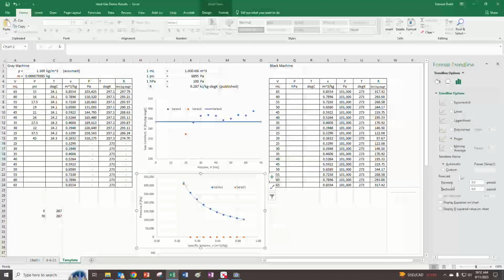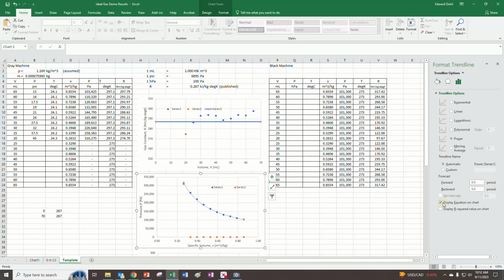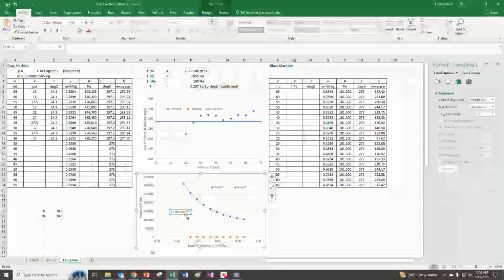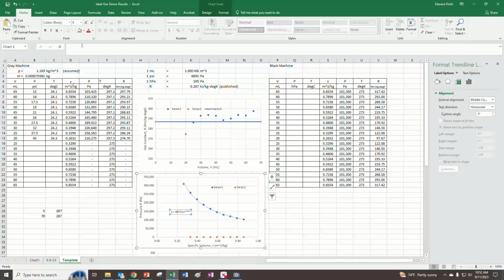And so we can add on display the equation right here. A lot of times we're going to be looking for the exponent in this process, right? It's going to be pressure is equal to some number times volume raised to this exponent right here. So this is sort of an interesting thing to check out.